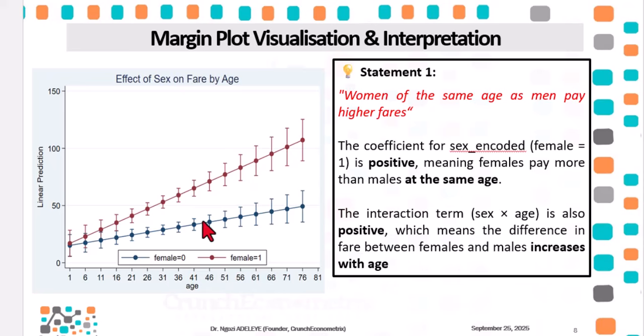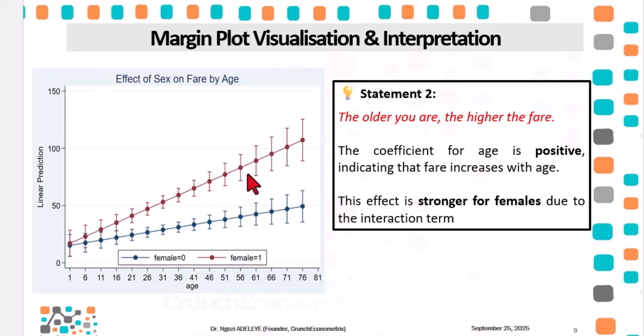Being male pays lower than a female that is 46, and the same goes for all the age categories or different age levels. And again, for emphasis, the interaction coefficient between sex and age is positive, meaning that the difference in the fare between male and female will always increase with age.